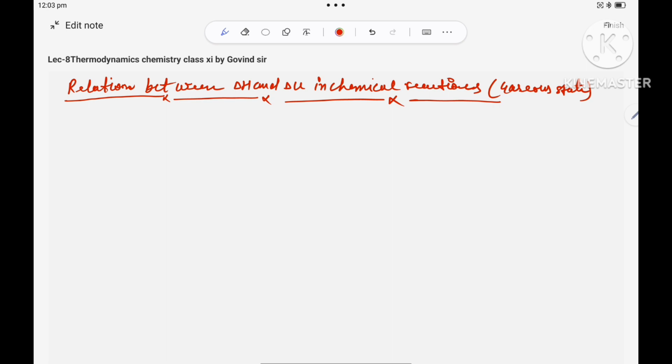Okay, so that relation we will check. Relation between what I said once again, relation between delta H and delta U for a chemical reaction in gaseous state.